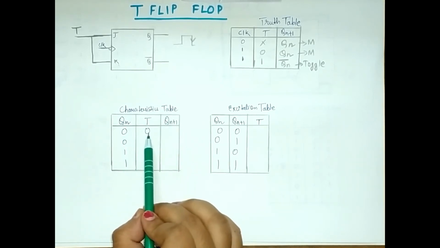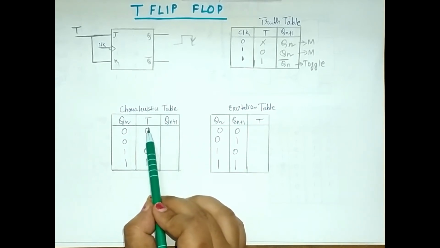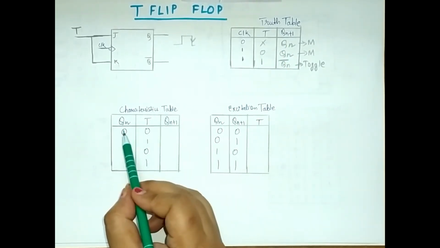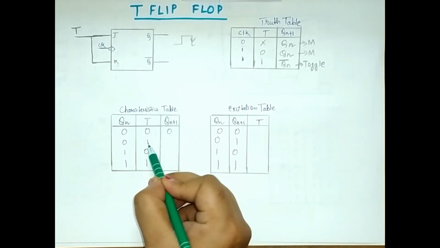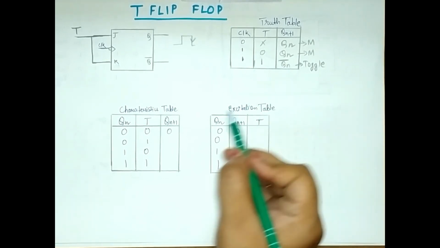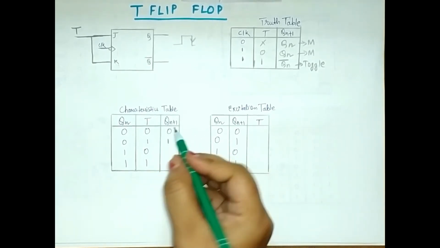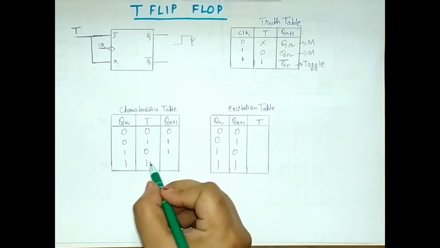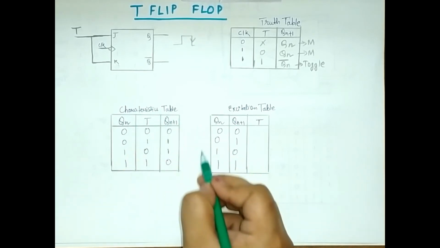When Qn is 0 and T is 0, Qn plus 1 is Qn, so I will write 0. When T is 1, Qn plus 1 is the previous value inverse, so the previous value is 0 and I put 1. Again when Qn is 1 and T is 0, it will be Qn, meaning 1. When T is 1, it will be Qn complement, meaning 0. So this is my characteristics table.